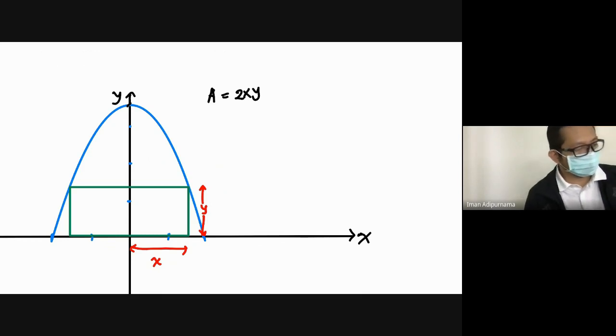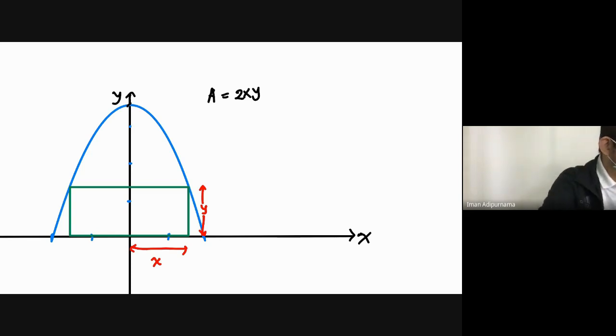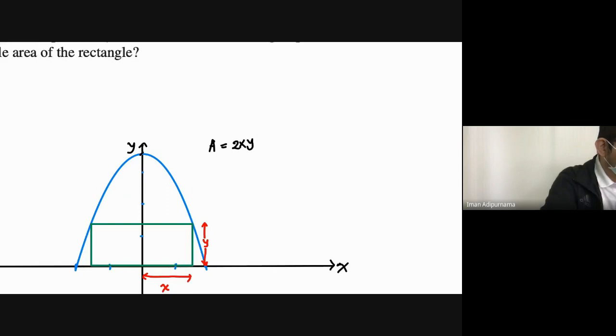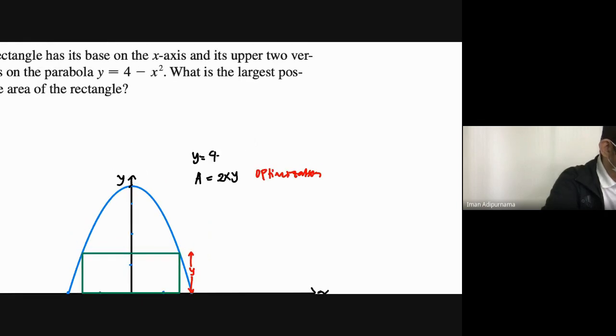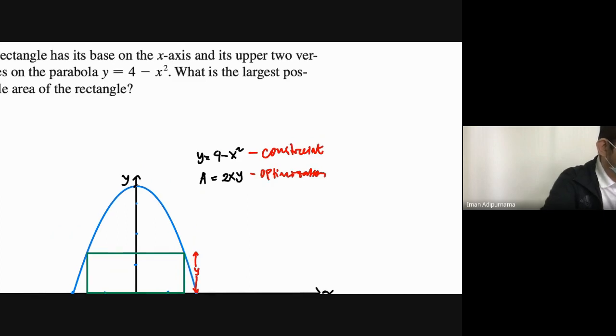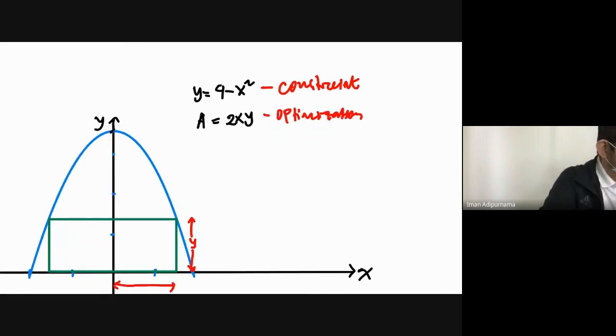Okay. And this will be the optimization, right? And this, y equals 4 minus x squared, will be the restriction, or the constraint. And then we directly substitute, right?